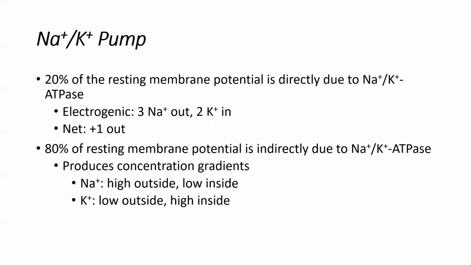Now, 20% of the resting membrane potential is directly attributed to the sodium-potassium pump, and that is because of its job. Because it's moving potassium in and moving sodium out, it's creating a net flux of positive charge leaving the cell. More sodium is going out and potassium is coming in. So we have this overall net movement of positive charge going out of the cell, which leaves behind this negative environment inside the cell.